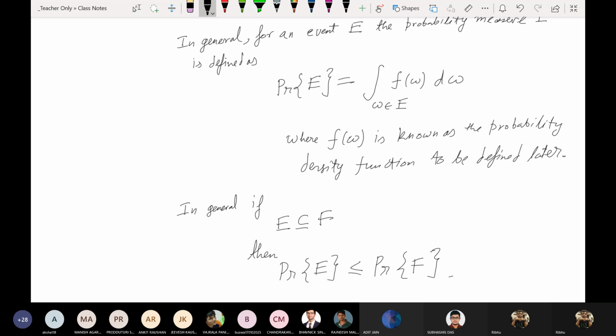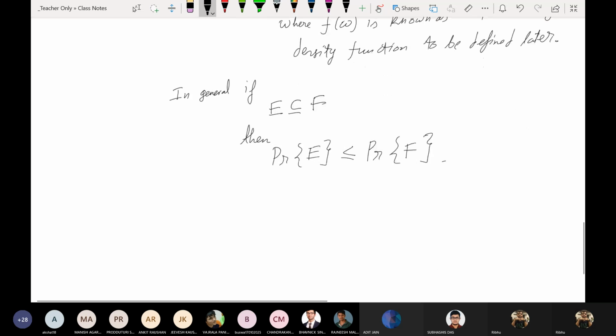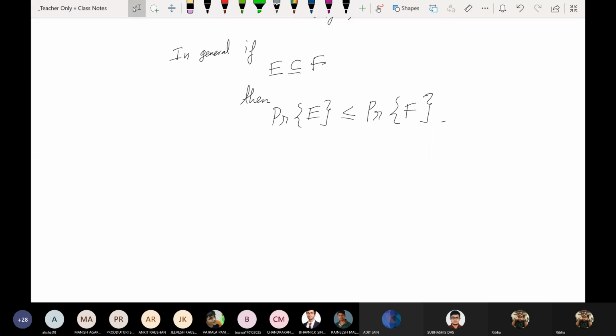So this relation is okay. Now I'll answer Bhavnik's question. But is this relation okay? Yes. Now, to answer your question, let's look at an event E that consists of A, B, this interval.